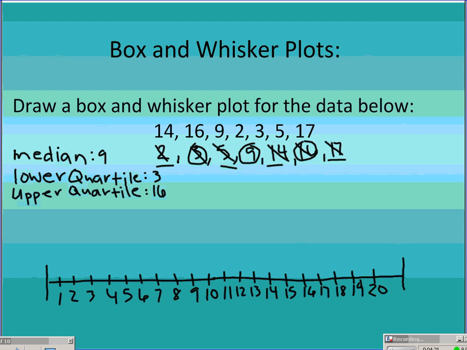This represents the box part of the box and whisker plot. Then plot your median.